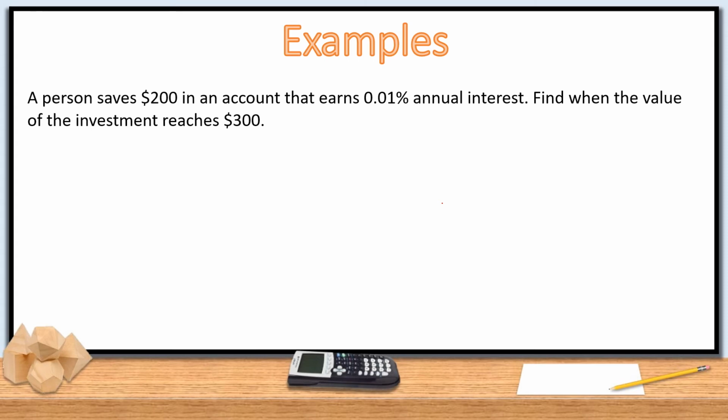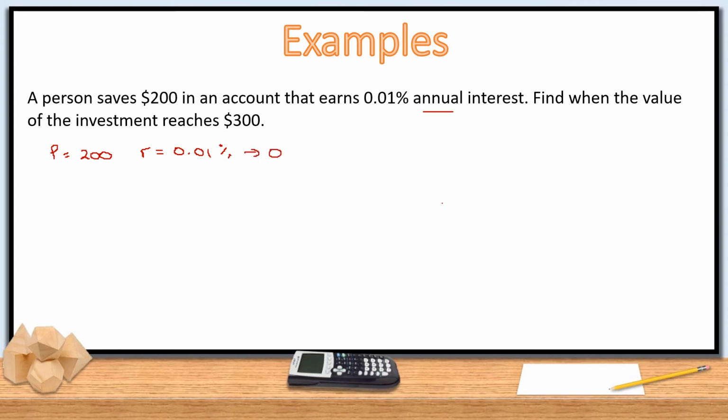So now this one is an annual interest. So we're going back to just our standard growth decay model. It's really a compound model, but the end value is 1. So the principal is 200. The interest rate is 0.01%. So that's not even like our actual rate going into the decimal.